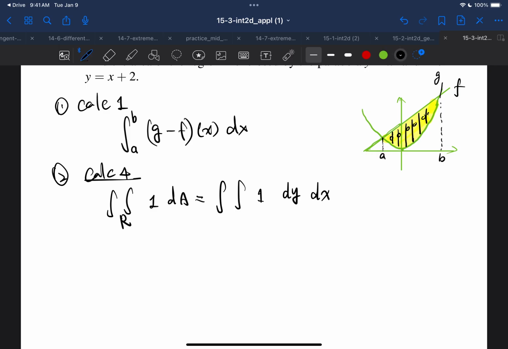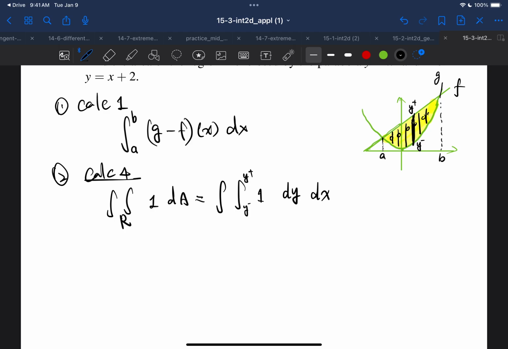So the thing is, given the stick here, what is the upper limit? I would say y plus, and what is the lower limit? y minus. So I will put y plus here and y minus here.